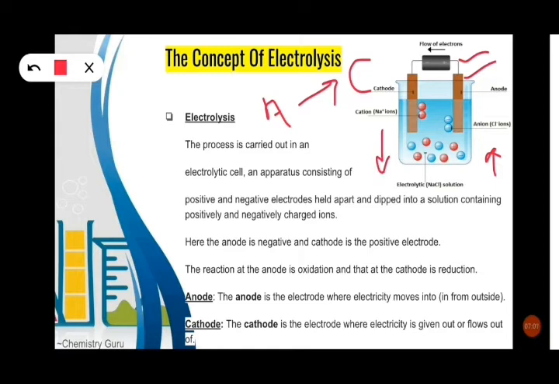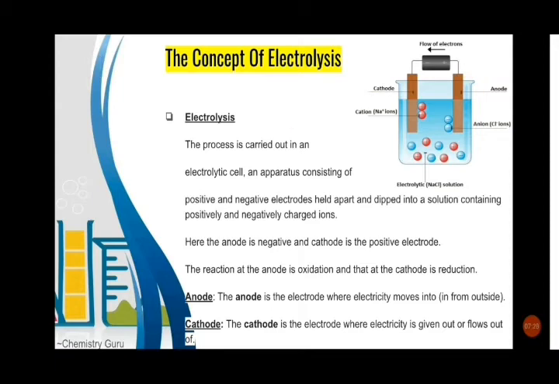And the cathode is the electrode from where the electricity is given out. So from the cathode the electricity flows out, and at the anode it is moving in, right? So basically the flow of electrons is from anode to cathode.